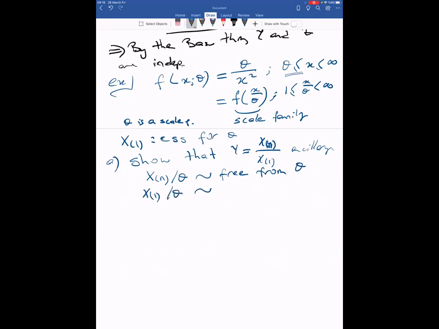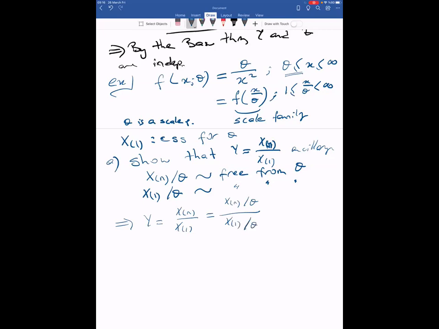Any random variable divided by the parameter, because theta is a scale parameter, its distribution will be independent of theta. So consider Y, and consider dividing each variable by theta here. Everything will be the same, so we will have exactly the same Y value.